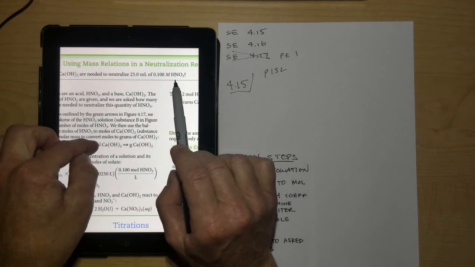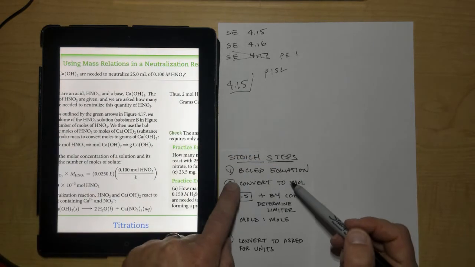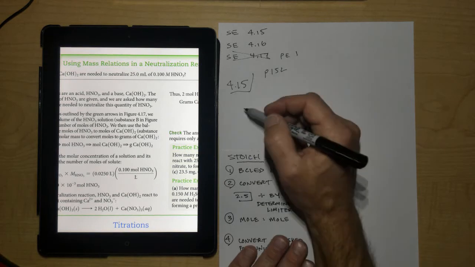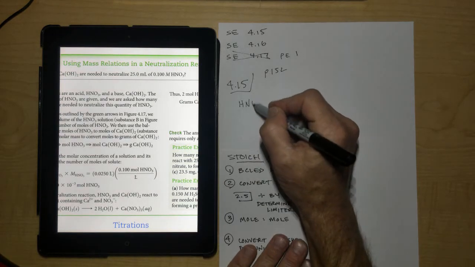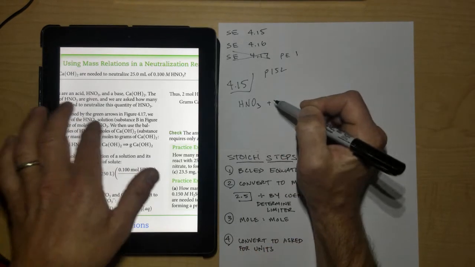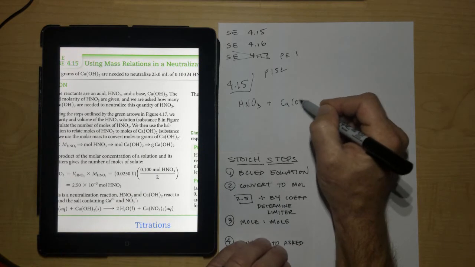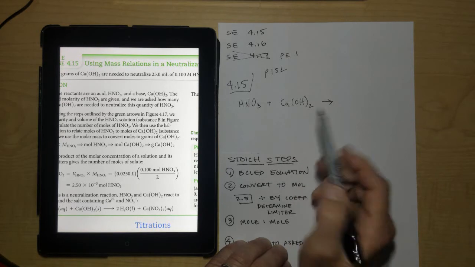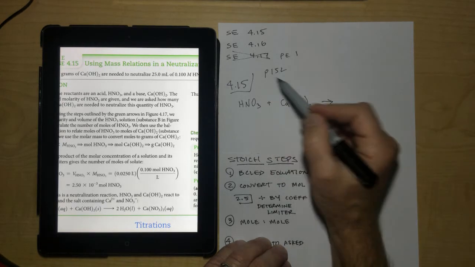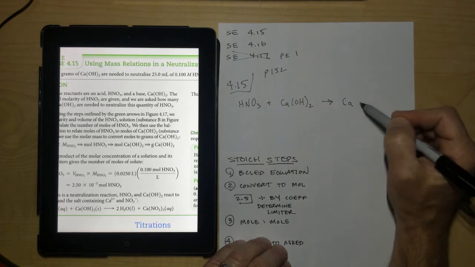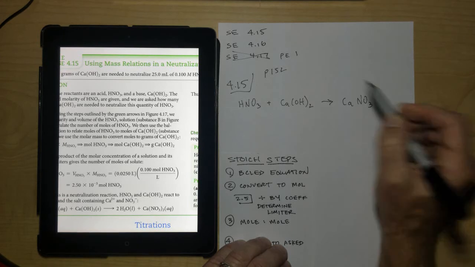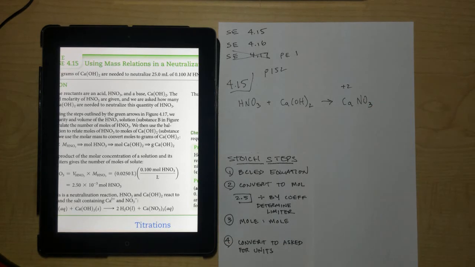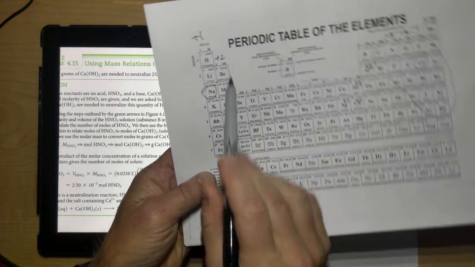Ca(OH)2 neutralizing HNO3. Step number 1, balanced chemical equation. I've got my HNO3 and my Ca(OH)2. Looks like an acid-base reaction to me. This is a strong acid and a strong base, so swap the cations. I'm going to get calcium together with the nitrate. Calcium's +2. If you forgot that, look on your periodic table; notice that calcium's in group 2.